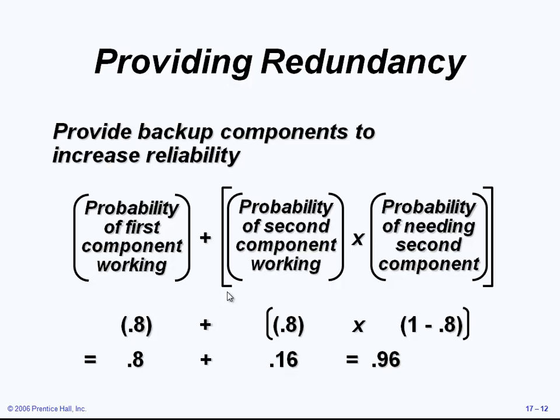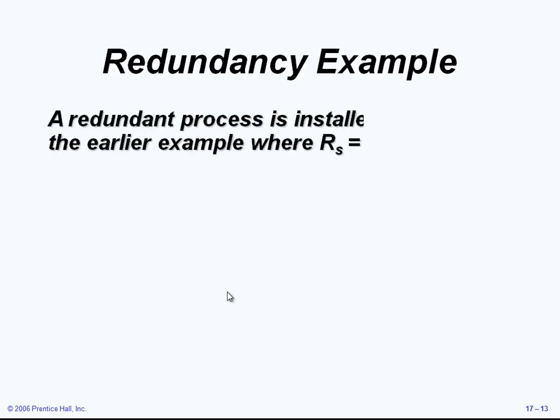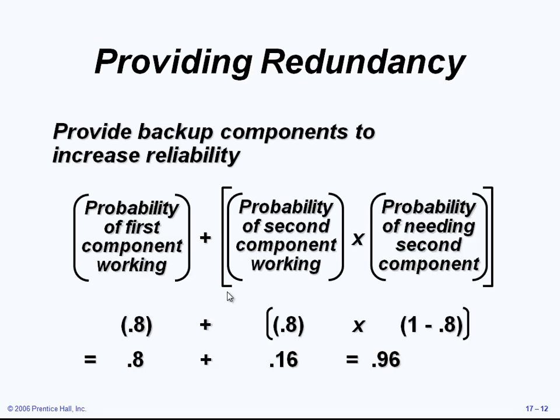Multiplying by 100, it will be 96%. So it will be a reliability of 96% or 0.96 for that component, just by having a second component standby.